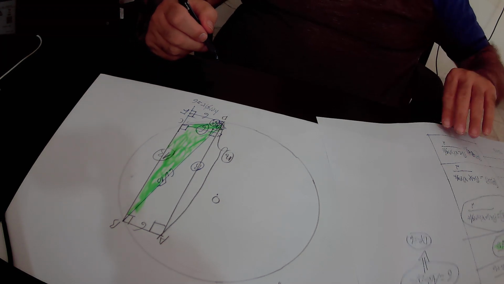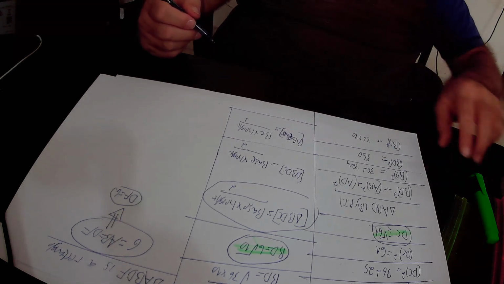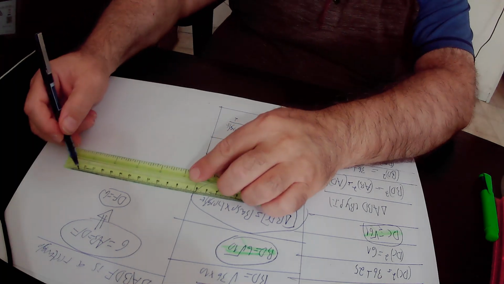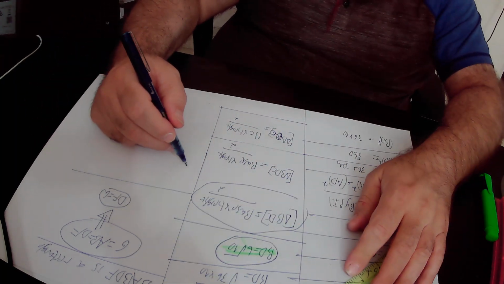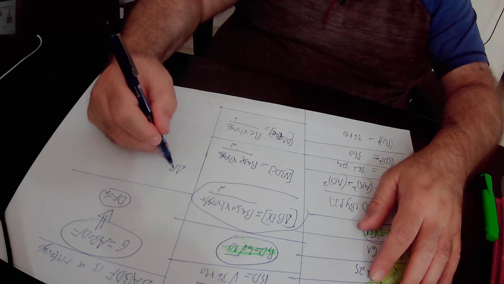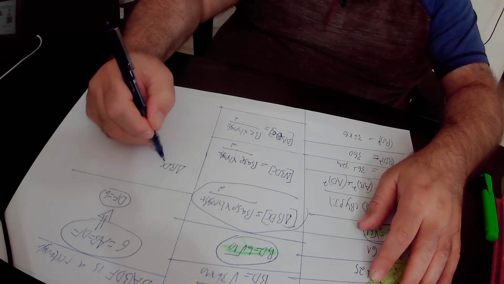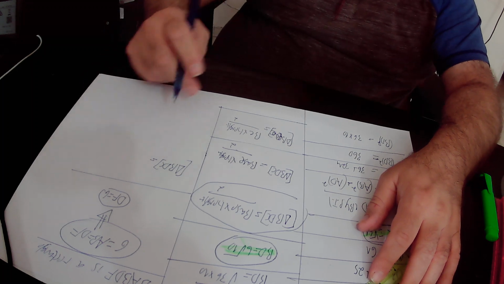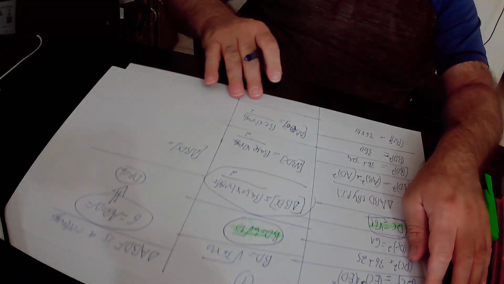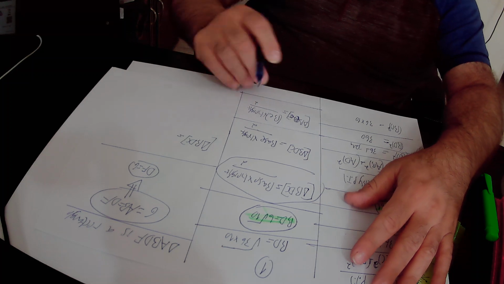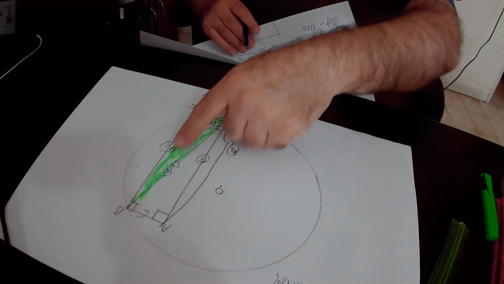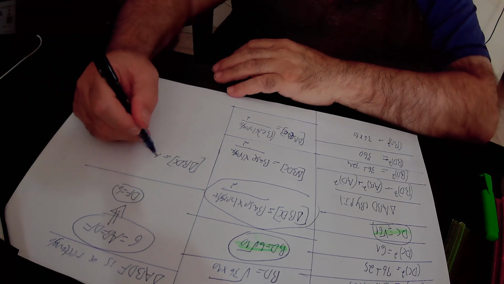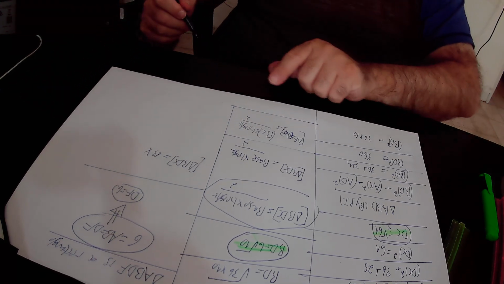Now we can easily find out the area of the green triangle, BDC. The area of the green triangle BDC is equal to BC, the base is BC, and it is given in the question that BC equals 13 units in length, so we substitute BC by 13 times the height to the base.